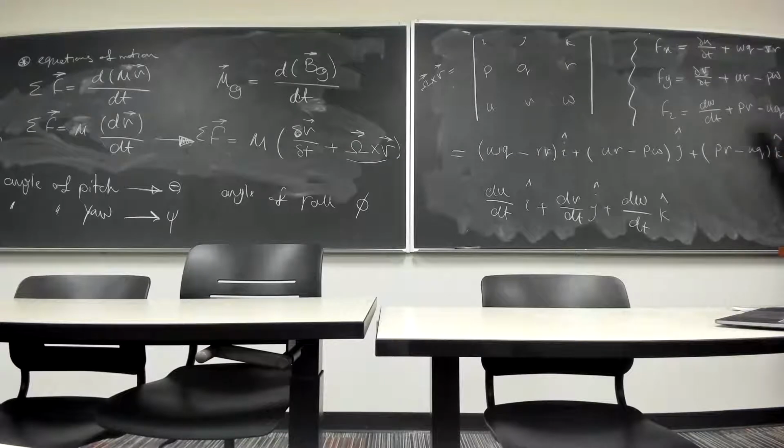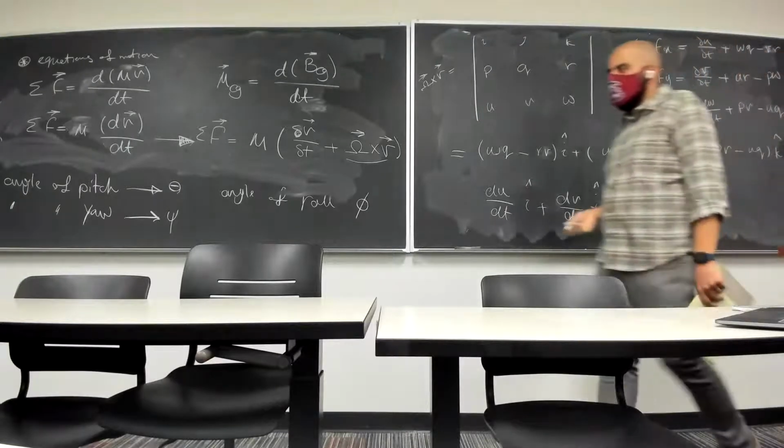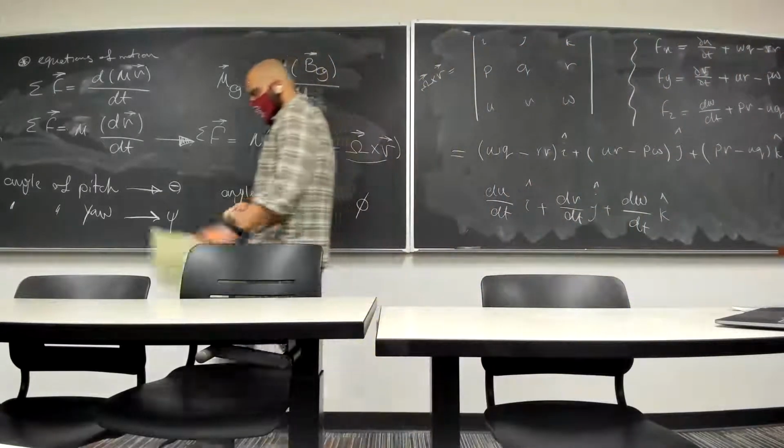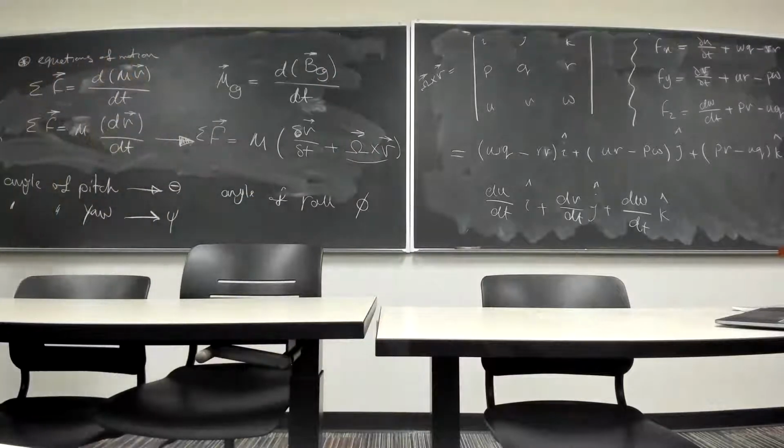So the right-hand side of all of these equations, we already have. As long as you have the angular velocity and the linear velocity, you should be able to find the right-hand side of the equations of motion to identify the motion.